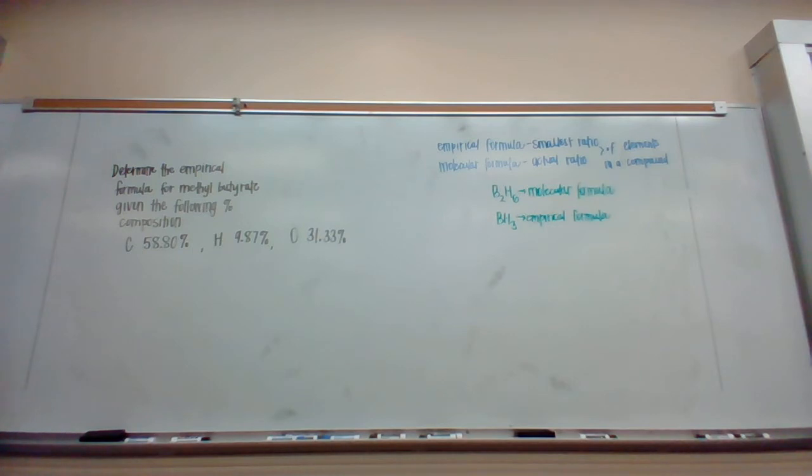Well, if you started with a 100-gram sample, these percents would be the same as grams. So if I had a 100-gram sample, 58.8 grams of that is just carbon. Okay, so you're going to take these percents and you're going to say, well, that's just grams.